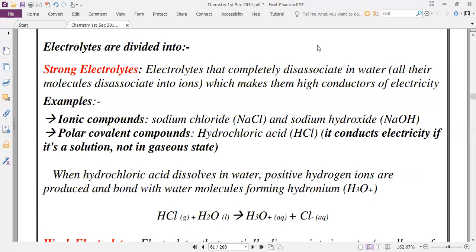Electrolytes are divided into two types: strong electrolytes and weak electrolytes. What is the difference between them?